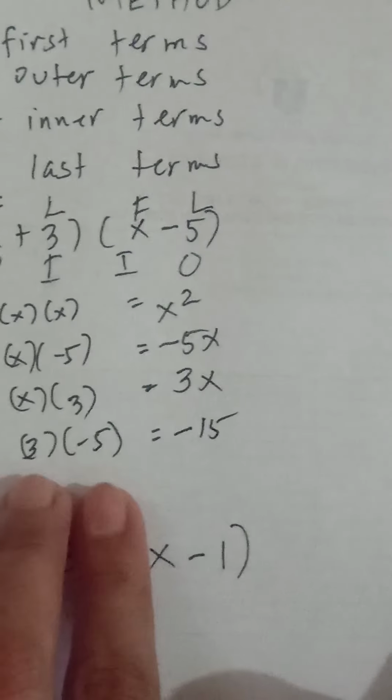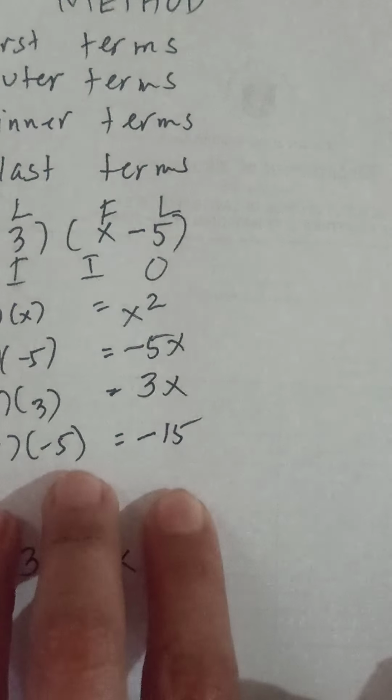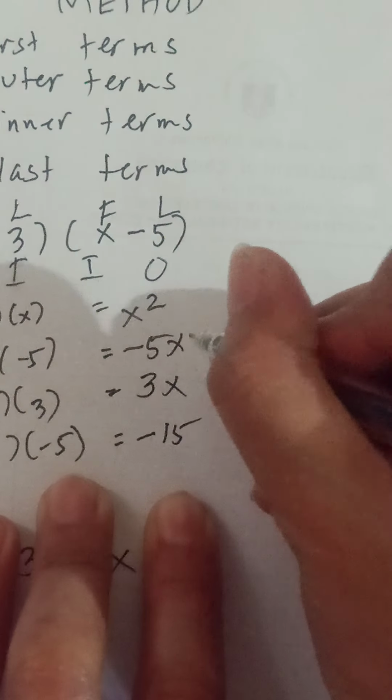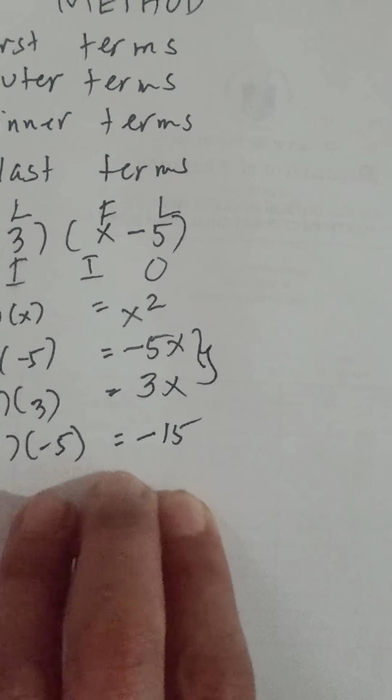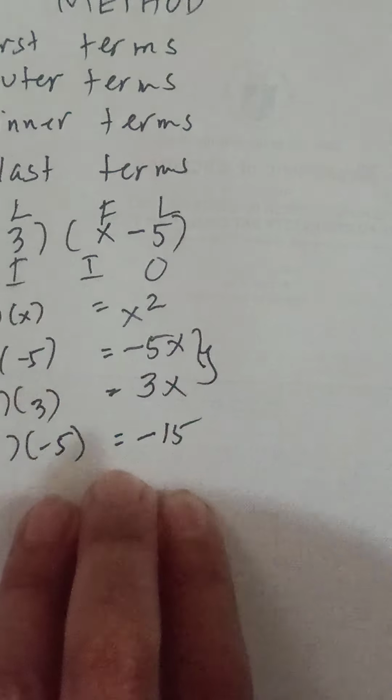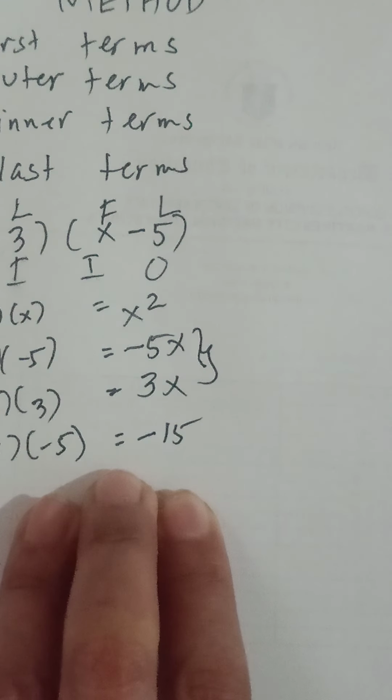After getting the product of these four terms, you need to combine like terms. If you are going to notice, negative 5x and 3x are considered like terms. So we are going to combine them. And since they have different signs, it means we need to subtract the coefficients and follow the sign of the bigger number.